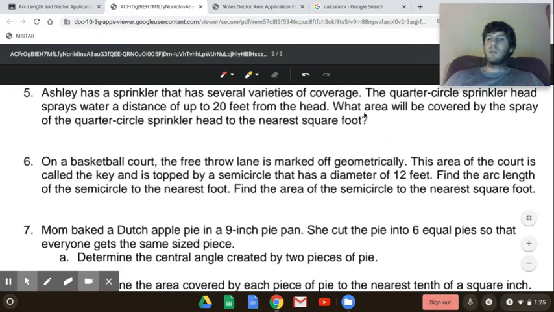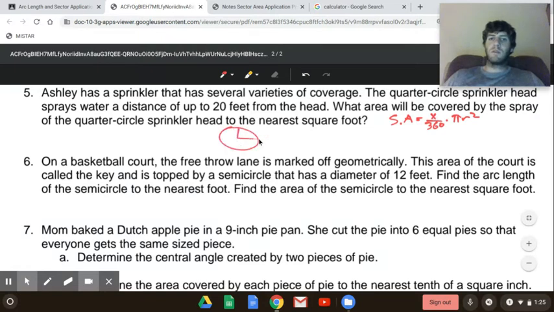So we're looking for what area, so what section or area is going to be covered. So we're going to use the sector area formula. So over 360 times pi r squared, right? But we already know this is a quarter of a circle.